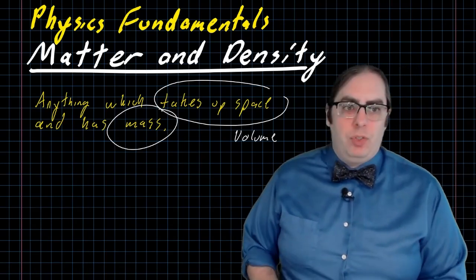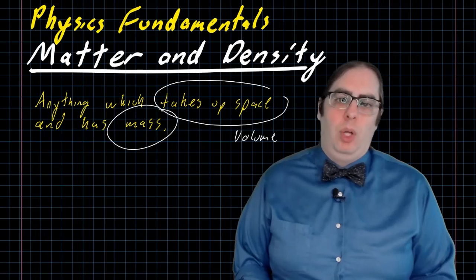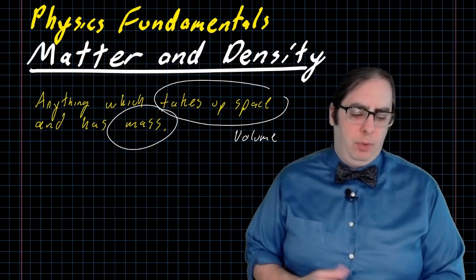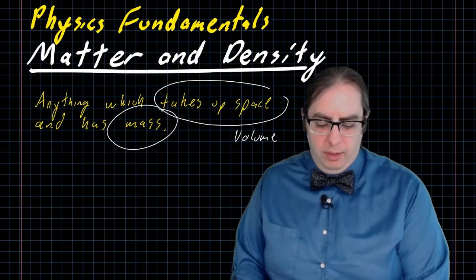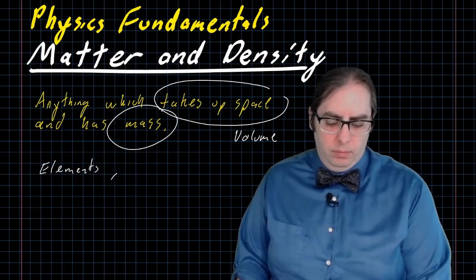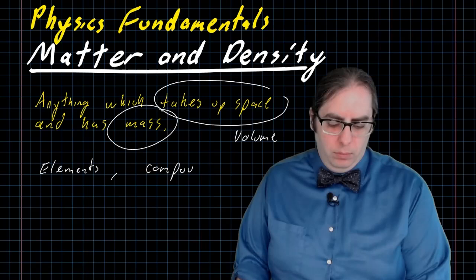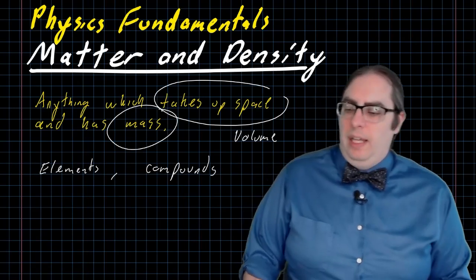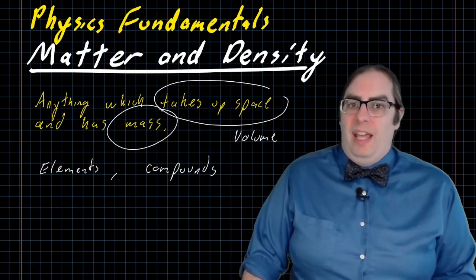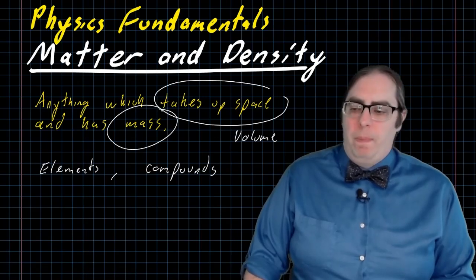In a chemistry class, they often go into a lot of detail about classifying matter. I'm going to mention it quickly. Elements are the most basic types of matter that exist in our world.